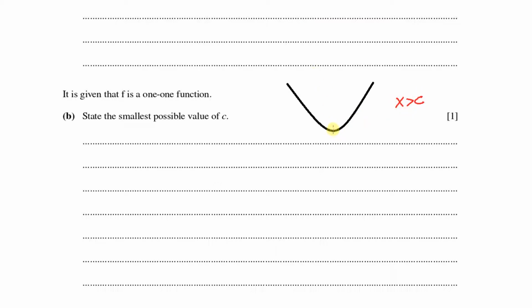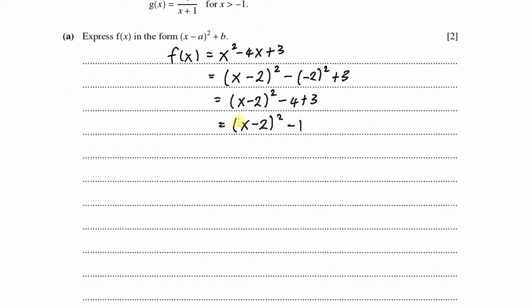It means that we are supposed to start from the minimum point of the parabola going to the right. So all the part that is to the left is not relevant. The function is only defined for values of x that are greater than c. So all we need is to find the minimum point. We can deduce the minimum point from the completed square form of the function.